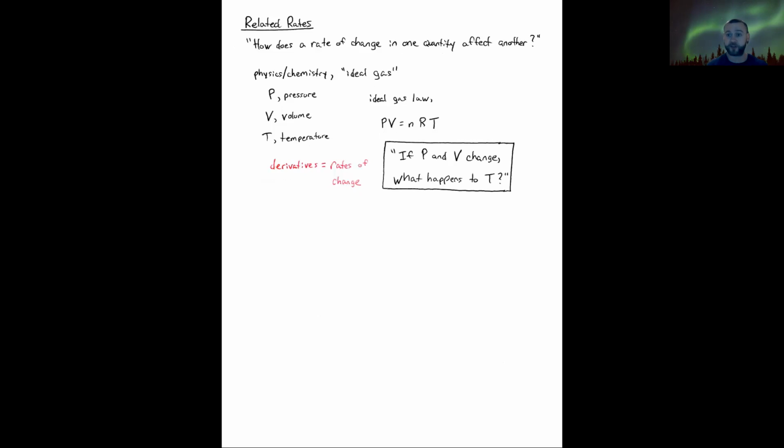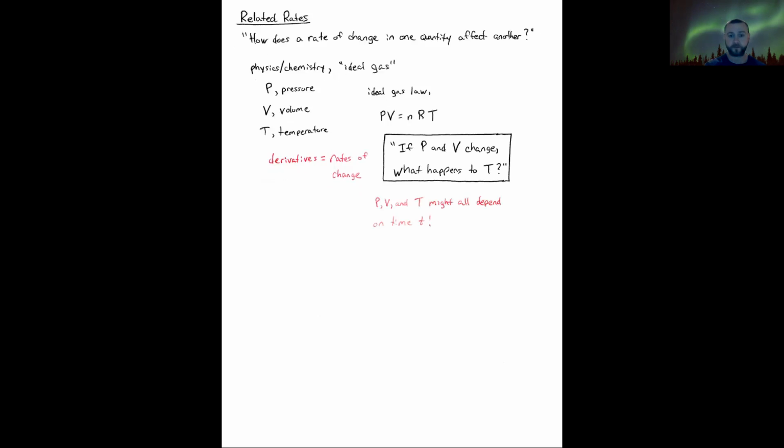And thinking of derivatives that way, if P and V are changing in time with certain rates, what effect do they have on how the temperature T changes in time? We're going to keep in mind here that P, V, and T might all depend on something else. Most of these related rates questions, the something else is time.